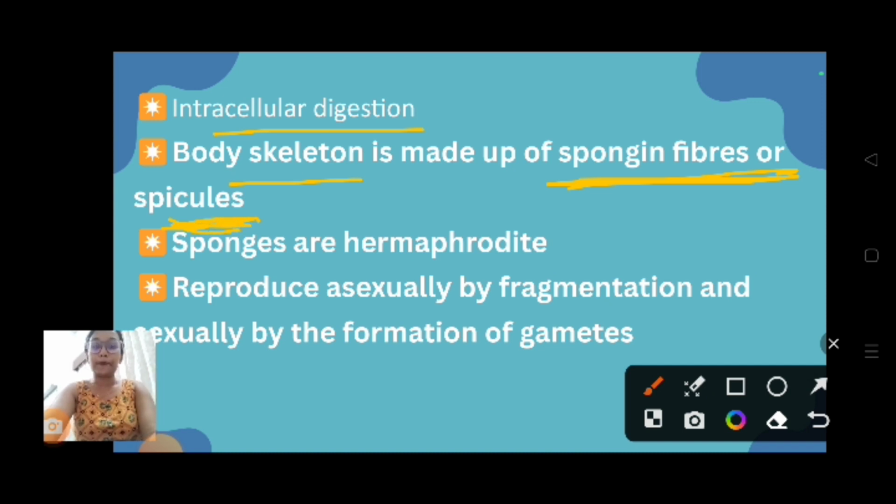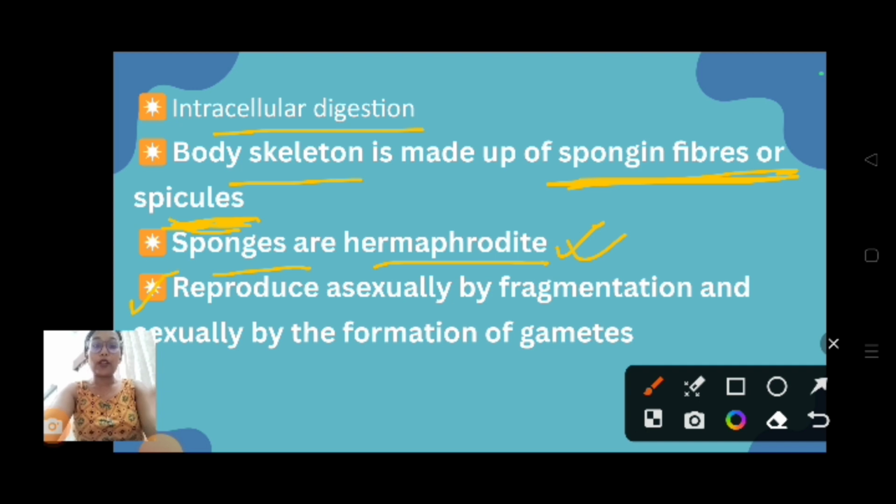Is it clear? Coming to the next point, sponges are hermaphrodites, meaning sexes are not separate. In one particular body both male and female are present.